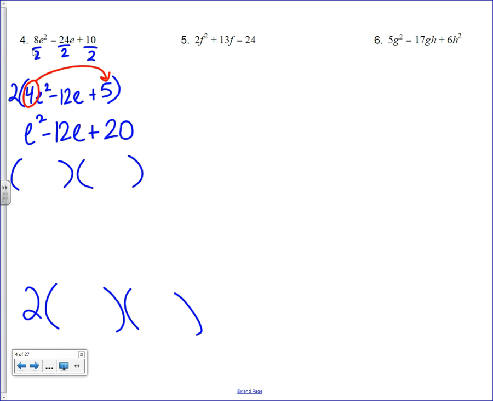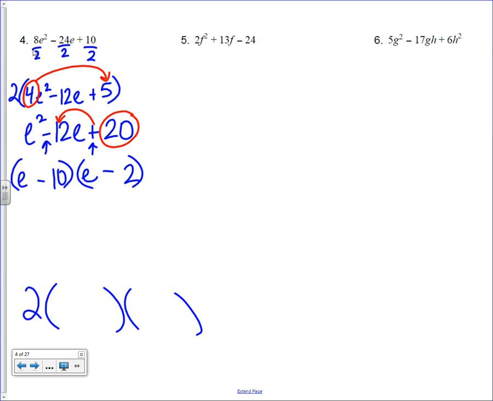And what is that binomial going to start with? E. And in your head, you're asking yourself for factors of 20 that will add to 12. 10 and 2 is correct. What does this symbol here tell me? Same or different? Same, and they both need to be subtraction, negative. Is that okay?